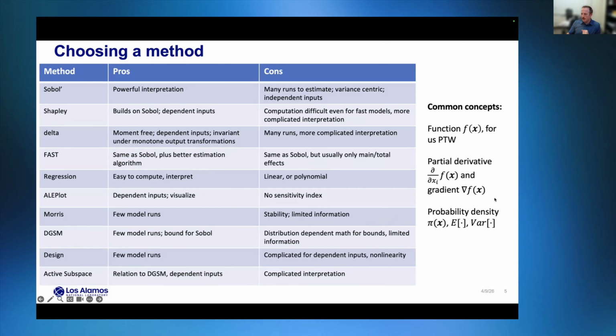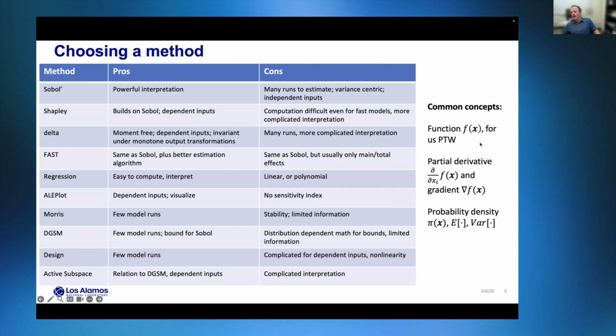This pi of x is the probability density function for x. And then we can talk about expectation and variance. Also, a key idea is that f of x is a transformation of random variables, and so that is also a random variable. We can talk about expectation and variance of f of x.